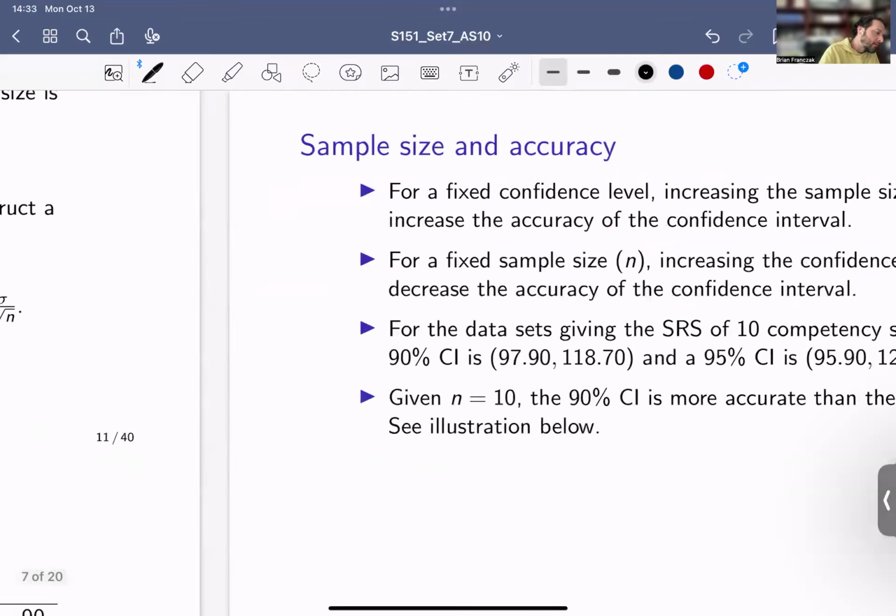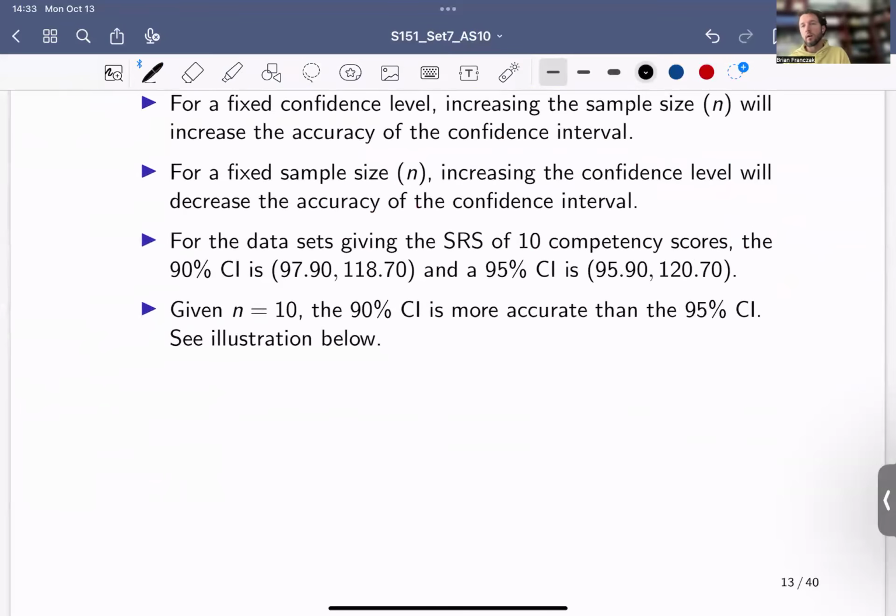All right. Now, a couple of things to note about this particular interval. This first part would actually be true for any confidence interval as long as we fix one of the values, either the confidence level or the sample size. So for example, if we fix confidence level and we increase sample size, the interval is going to become more accurate.